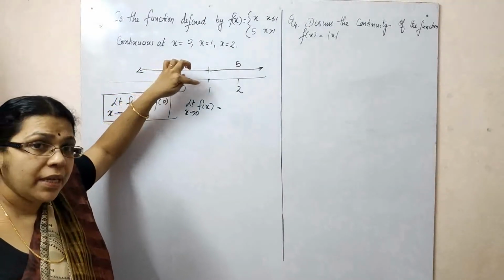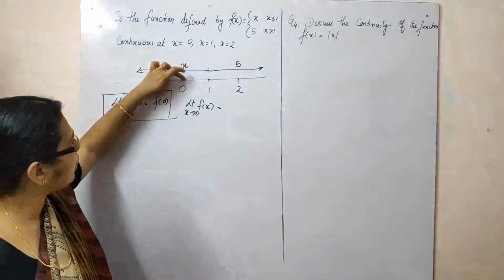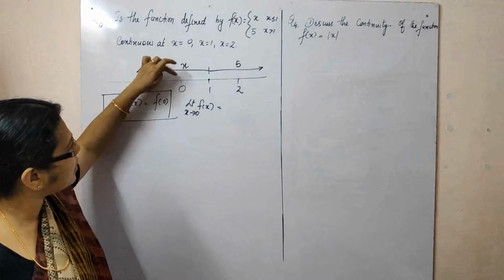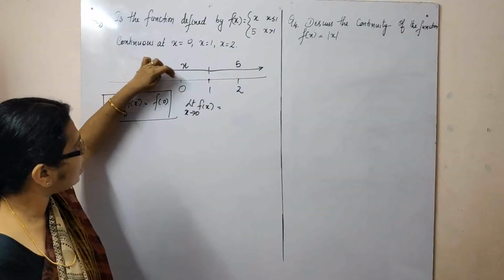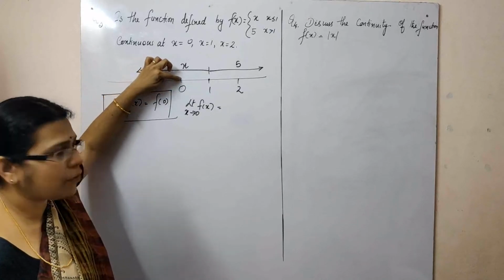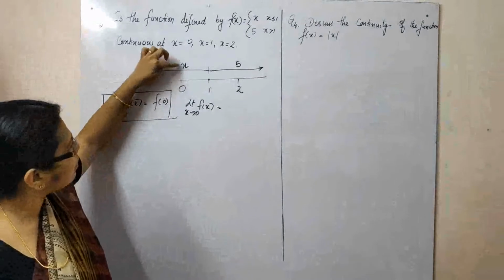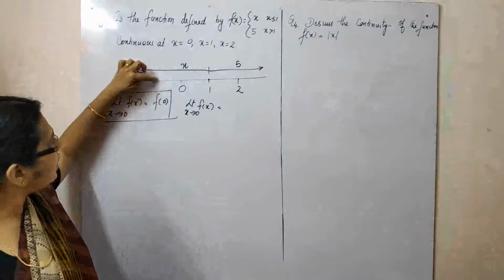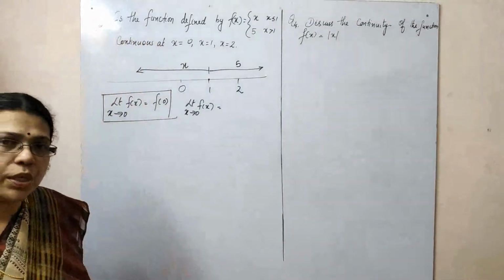I use the term neighborhood. That is a little bit of this side, 0 minus here, 0 plus here. As x tends to 0 from the left, that is 0 minus, what is the function's value? x. Whether it is from the left or from the right, the function's value is x.